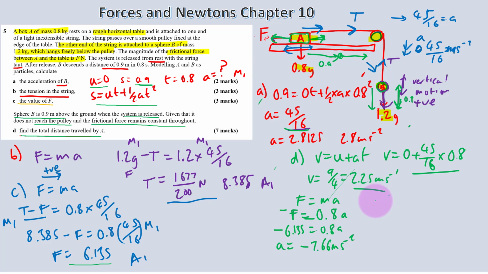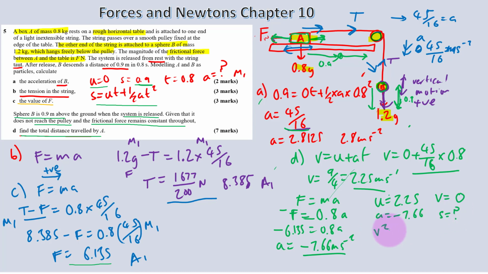So in this new system, this is actually our u, equals 2.25. Because we want to find the total distance travelled by A, in fact the final velocity, v, has to be 0, because that's when it stops. Now that actually makes sense, but this question is really tricky, to be really fair. Our a is the same as before, what we've got here, and s is question mark.